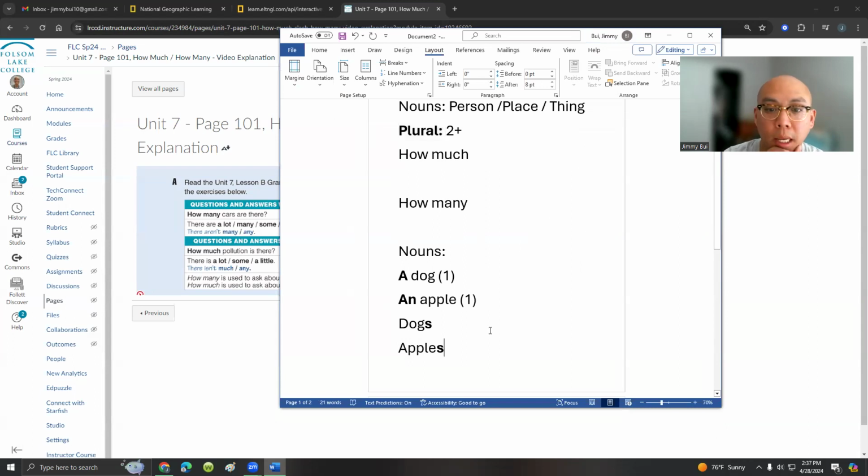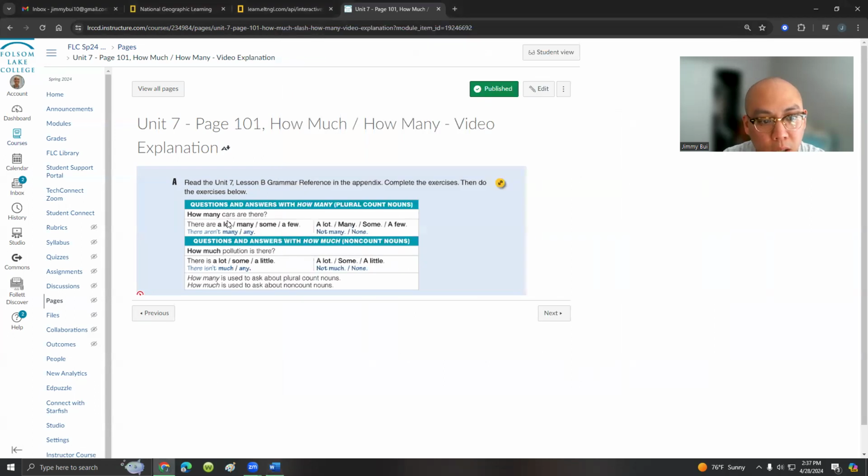And in some cases, we don't count. Let's say we want to express that there is a certain amount: we use a lot, as in a lot of people, right? Instead of counting 30 or 40 or 50. Then many, and some would be so-so, and then a few.